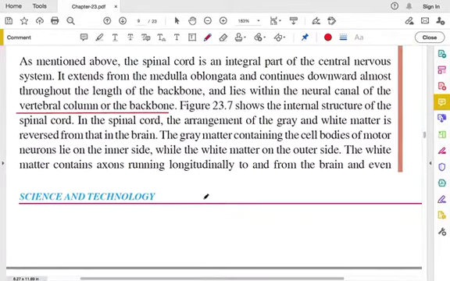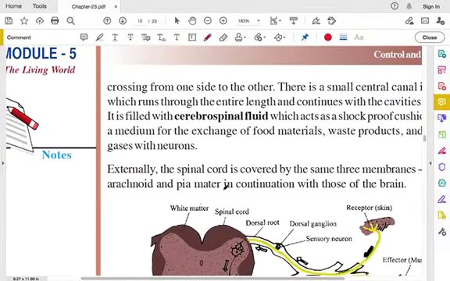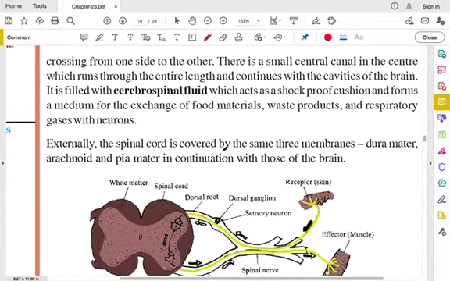So the white matter, as we told, contains axons. In the spinal cord these axons run longitudinally, to and fro from the brain, and even cross from one side to the other side. There is a small central canal. Canal means like a pathway.